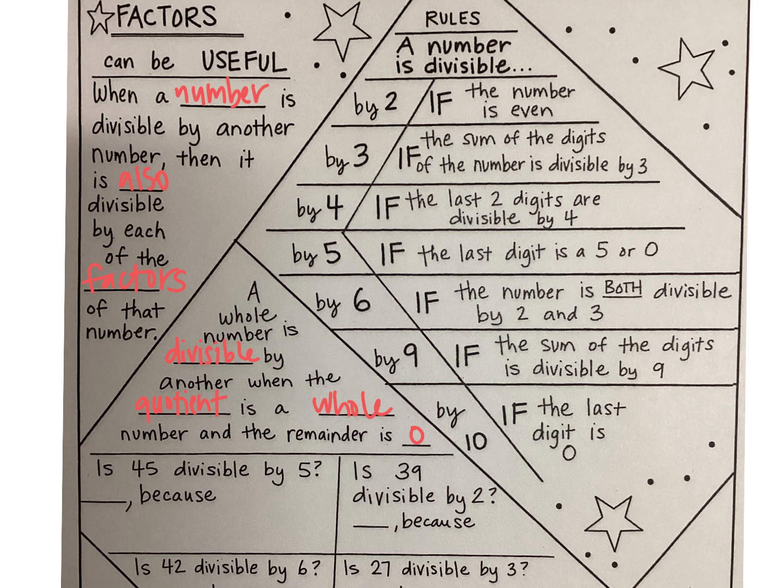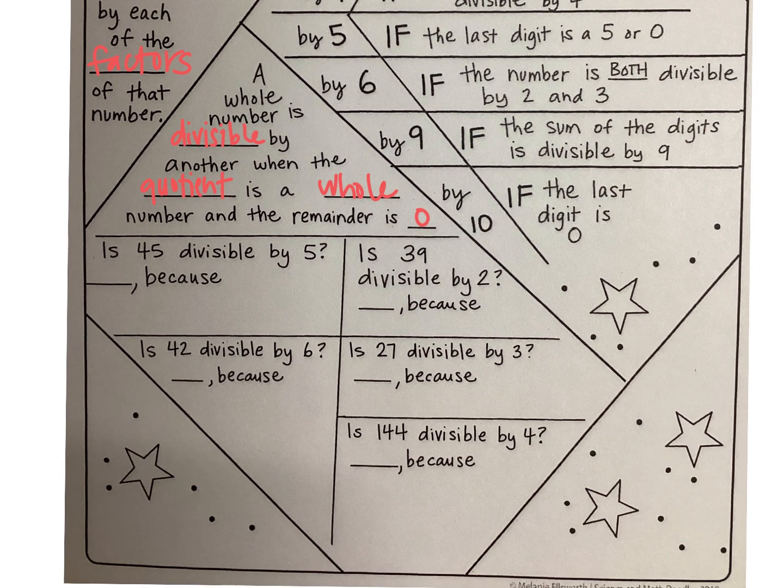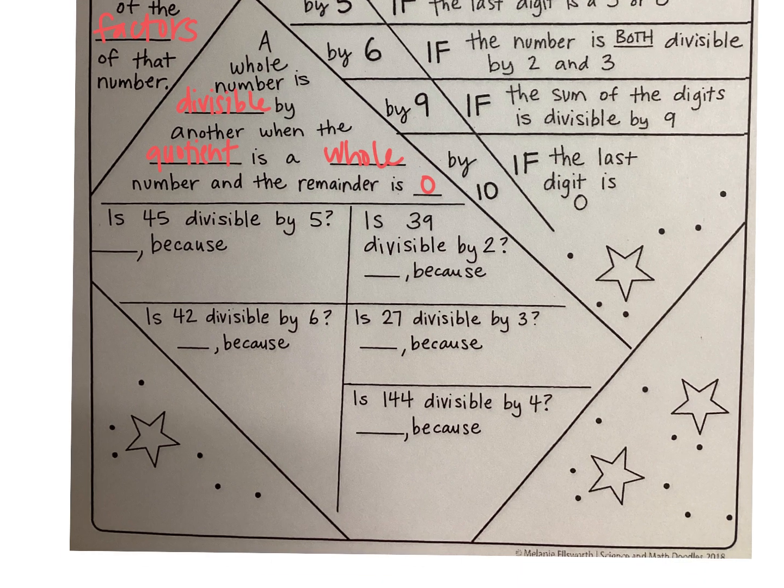Divisibility rules help you with dividing as well, because if I'm dividing and the quotient is a whole number with a remainder of 0, then I know that the whole number is divisible by another.